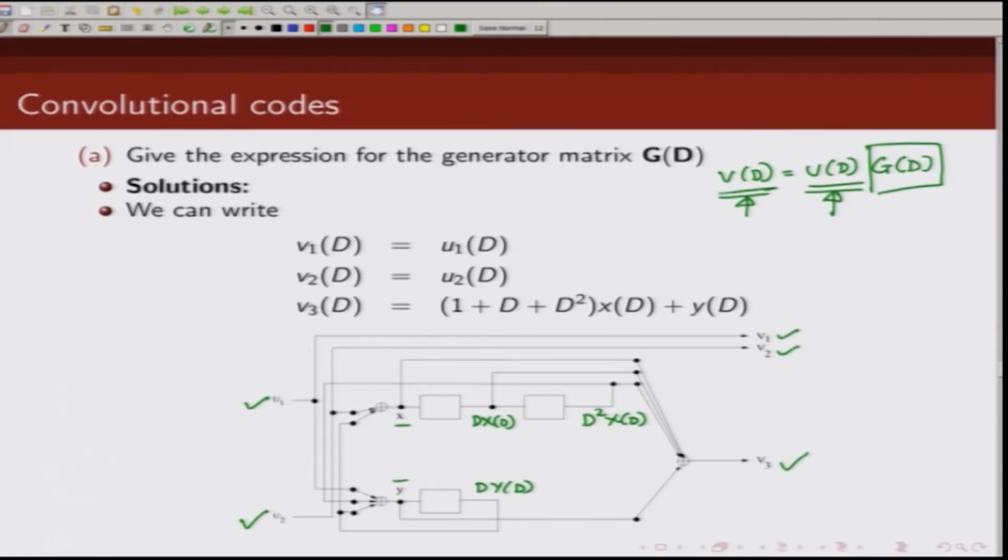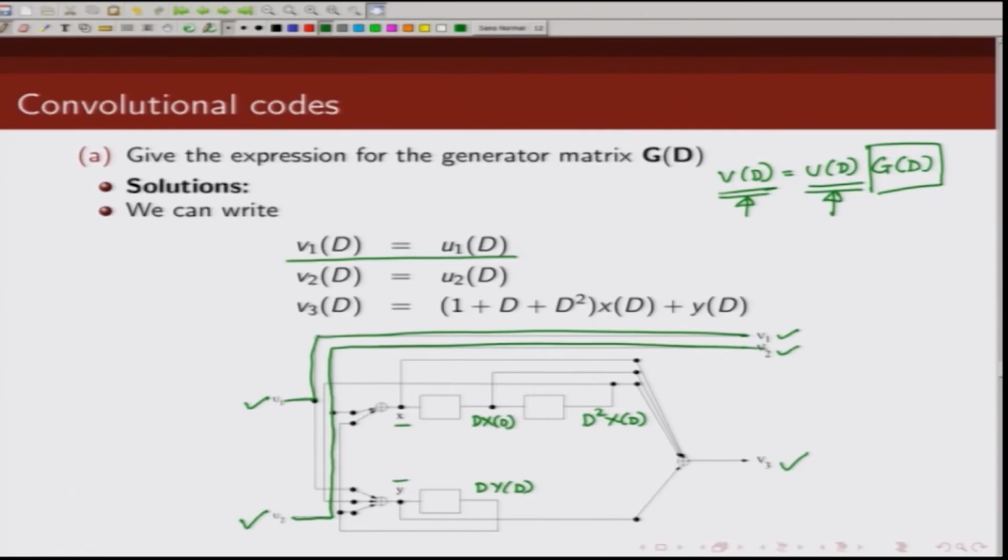You can see this input directly goes here. Similarly, this input U2(D) directly goes to the output here. So, V2(D) is U2(D).